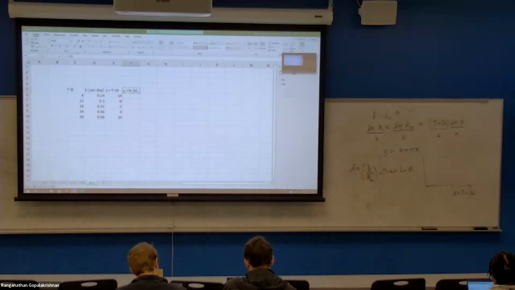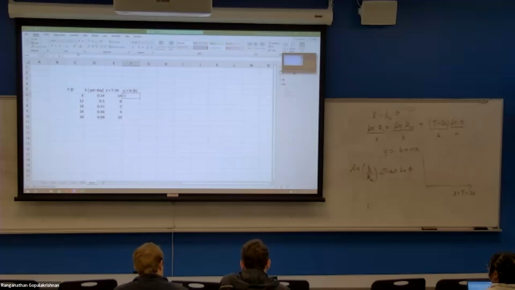But actually that would present a problem because I don't know my K20, right? So let's just go with ln K like we previously did. What is the natural log of K?